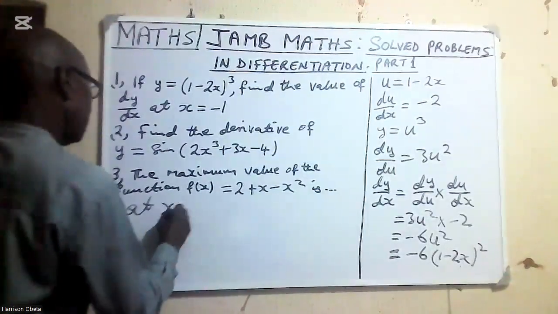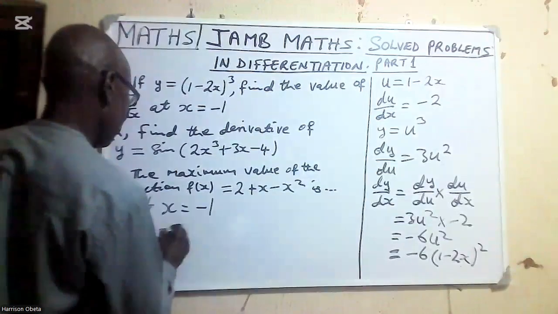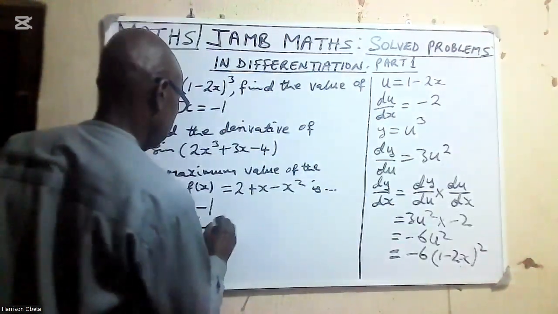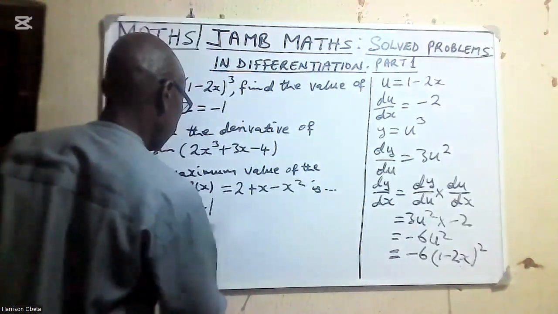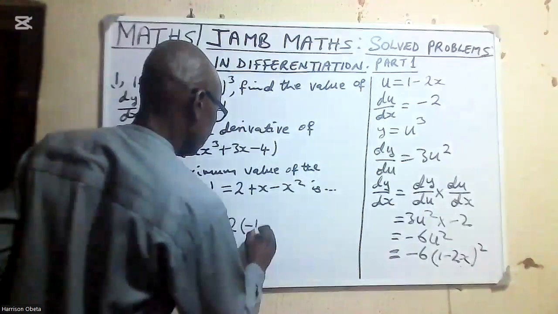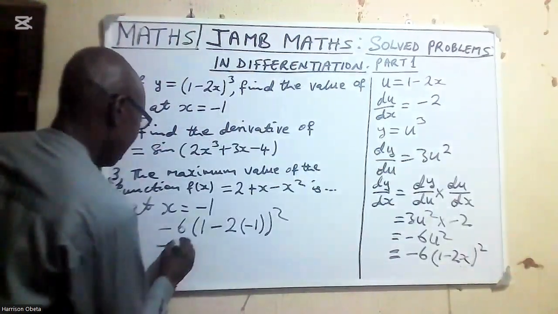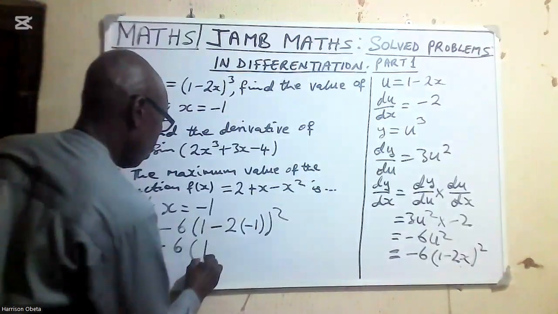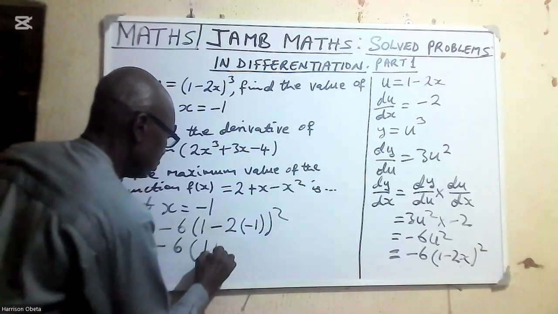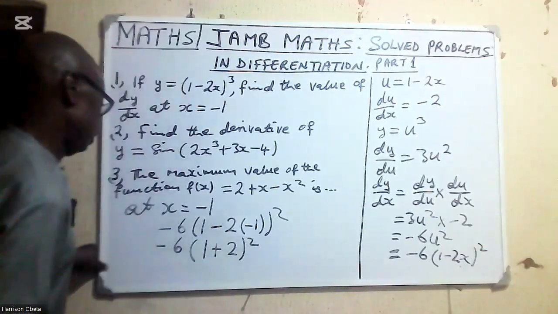At x equal to minus 1, that means we have minus 6 brackets 1 minus 2 bracket minus 1 close bracket, and that will be minus 6 bracket 1 plus 2 all raised to the power 2.